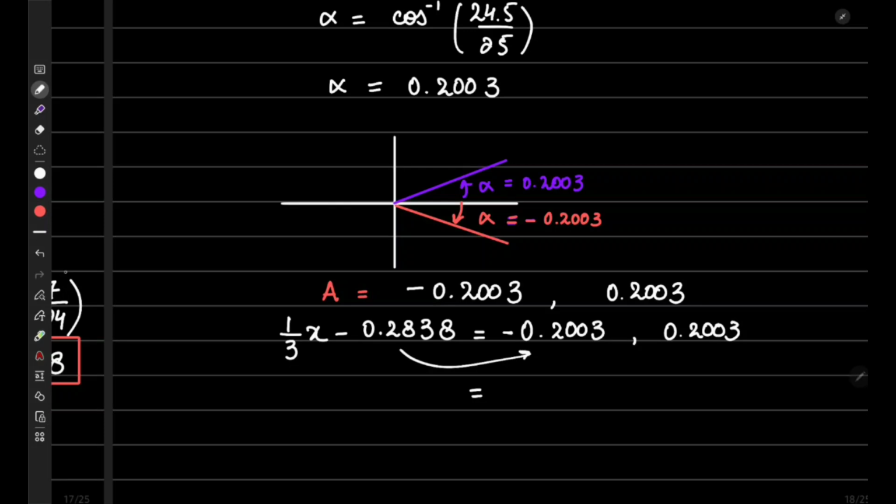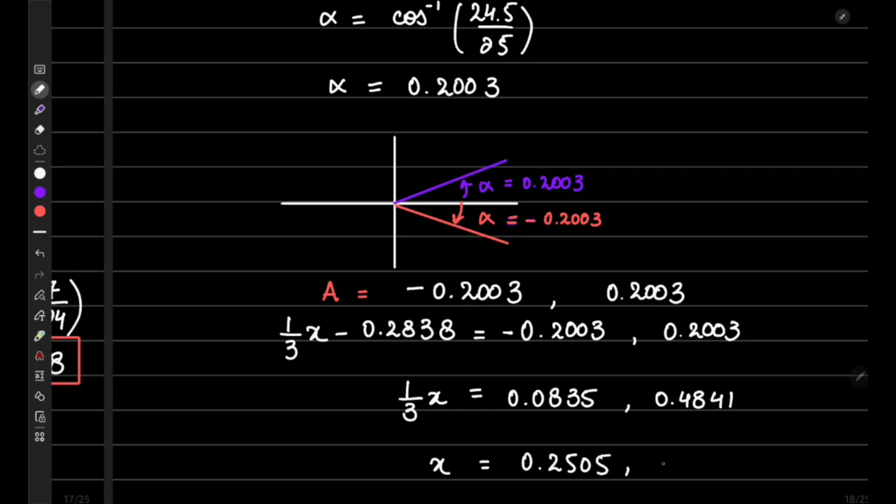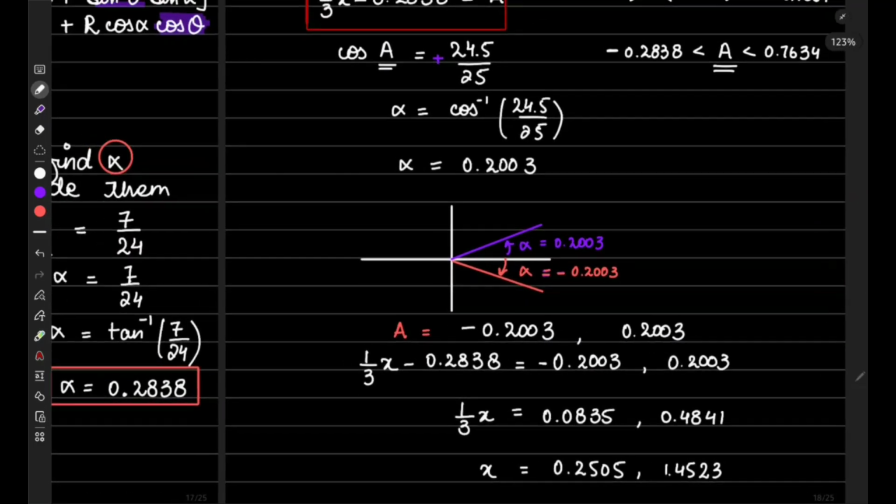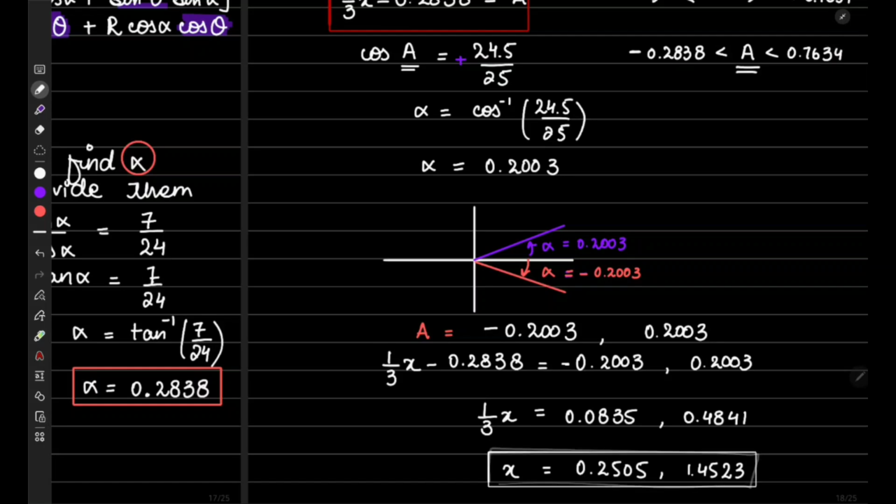When this is shifted to the right-hand side, it is 0.2838 minus 0.2003, which gives you 0.0835. And when it is added to the positive angle, it becomes 0.4841. Now it must also be multiplied by 3 to get x, so it becomes 0.2505 and 1.4523. So these are your two final solutions for x.